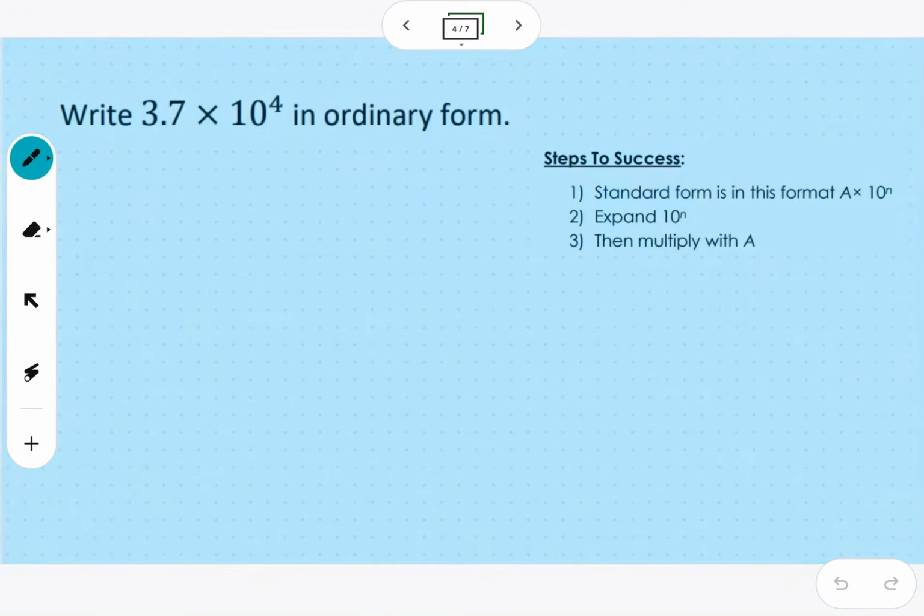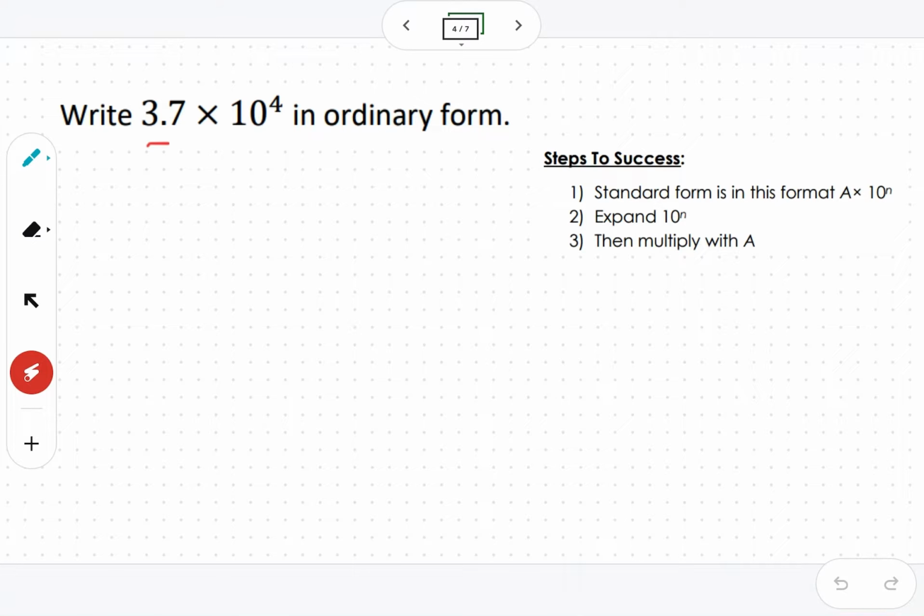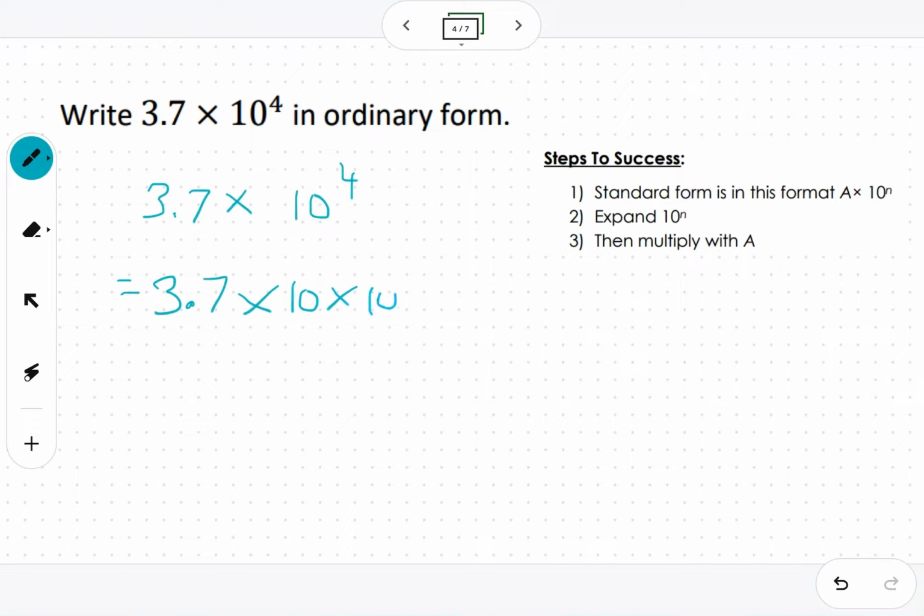Next question. 3.7 times 10 power 4. The same method: expand the 10 power 4, so 3.7 times 10, 1, 2, 3, 4.